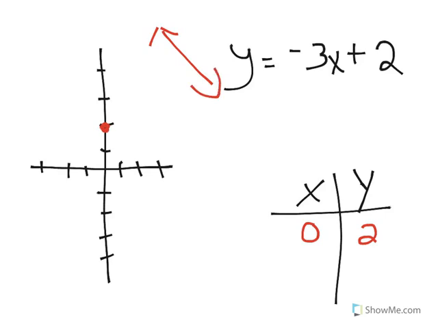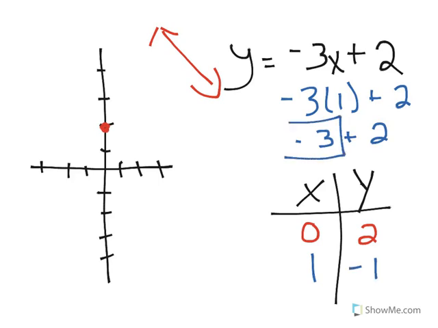So here I'm just going to say that x is 1, because that's easy. If I do negative 3 times 1 plus 2, I get negative 3 plus a positive 2, and that equals a negative 1, because this negative 3 has a greater absolute value. So that means my answer is going to be negative.